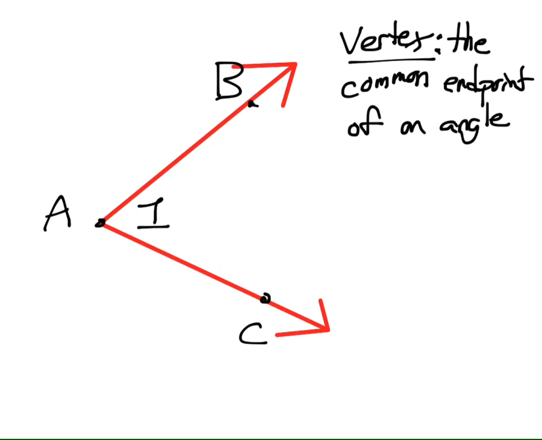Okay. How do we name this angle? We can do it multiple ways. One way is we use this symbol. We use that for angle. Okay. Angle BAC. We always use 3 points to name an angle, and the only key is the center point has to be the vertex. When you name an angle, the center point has to be the vertex.